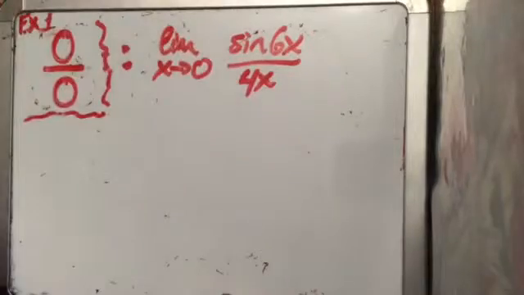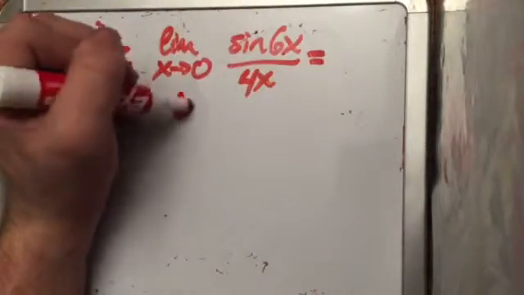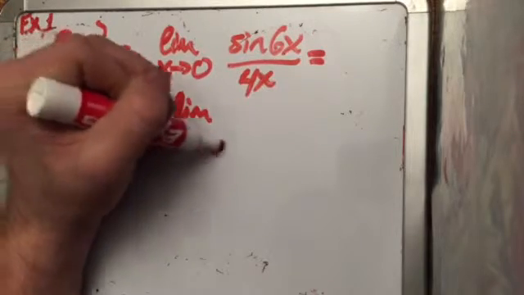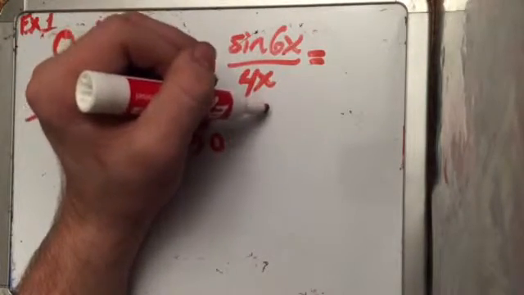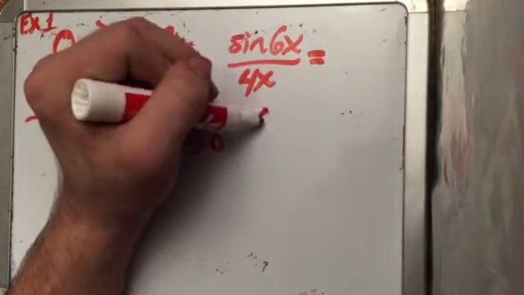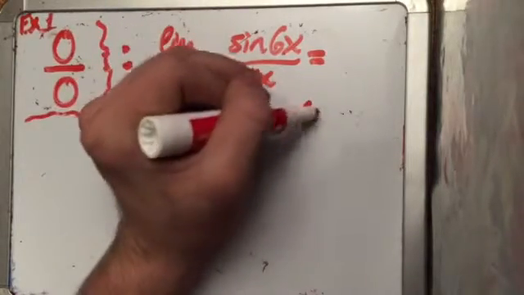the limit as x goes to 0 of sine of 6x over 4x is equal to the limit as x goes to 0 of the derivative of sine x, which using chain rule, which we learned already, would be cosine of 6x.